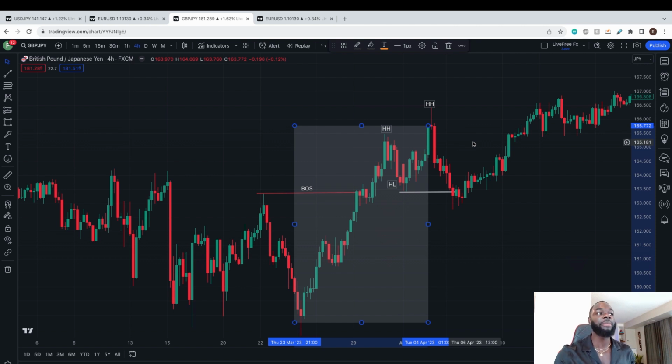The other thing you want to keep in mind too is that sometimes there are liquidity grabs in the market. You will have price reaching for liquidity because these are levels where traders will place their stop loss. The reason why some people will say the market is heavily manipulated is maybe for this reason.